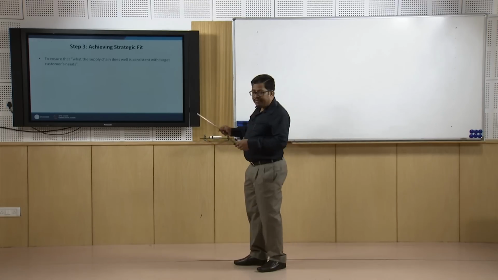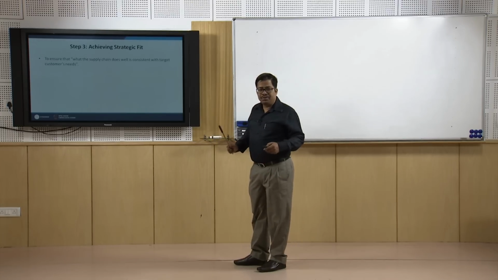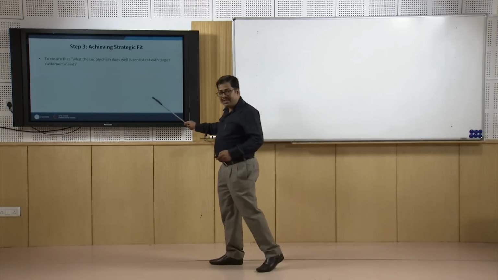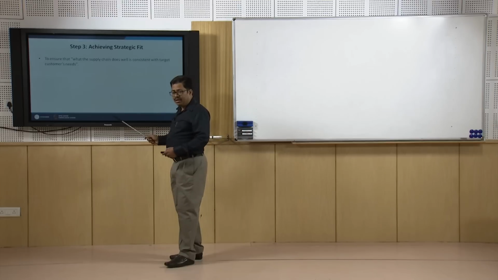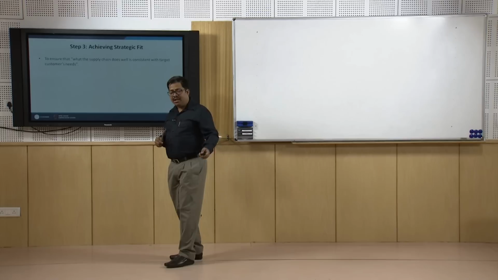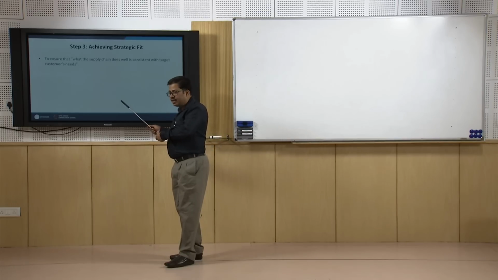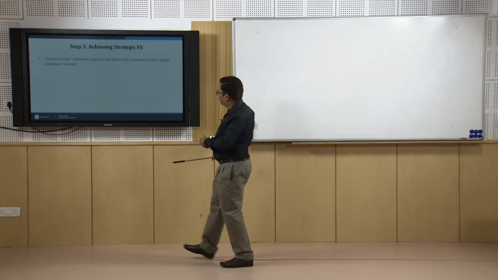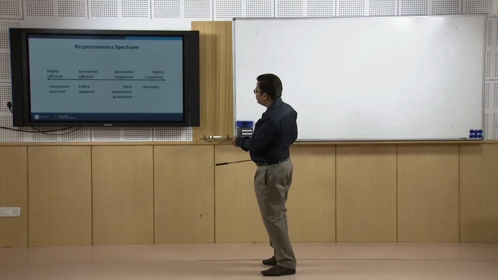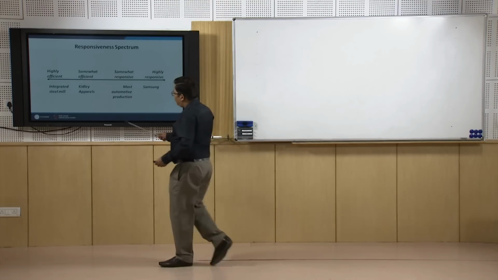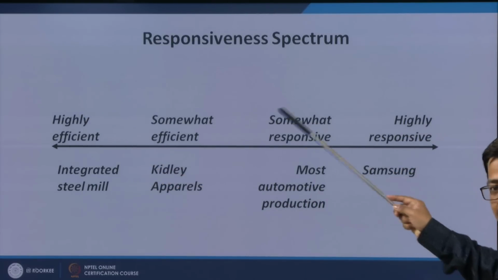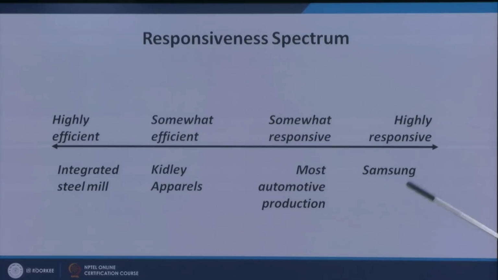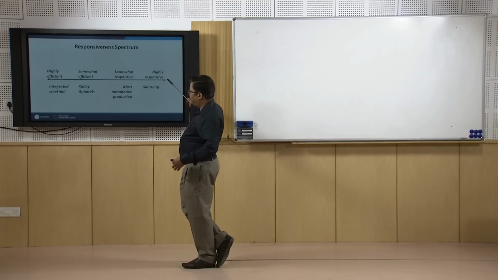Now, finally, we are coming to step 3 of the supply chain strategy development, that we are developing a strategic fit in our supply chain with respect to uncertainties of demand and supply and with respect to efficiency and responsiveness, that is the capabilities of the supply chain. So, now let us see how this is developed. You have highly efficient supply chains, this is the responsiveness efficiency spectrum, and this is highly responsive supply chains.